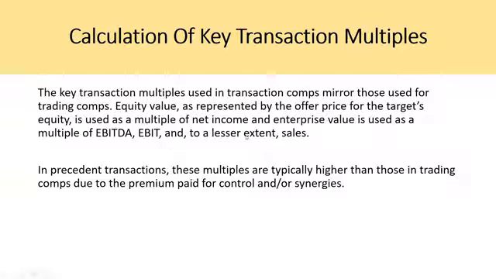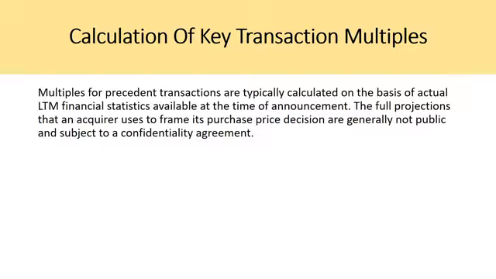In precedent transactions, these multiples are typically higher than those in trading comps due to the premium paid for control and/or synergies, and we talked about that at the beginning, right? Whether it's a financial or strategic buyer, and whether there are synergies, the multiples are higher than in the comparable companies analysis. Now, multiples for precedent transactions are typically calculated on the basis of actual last 12 months LTM financial statistics available at the time of announcement.